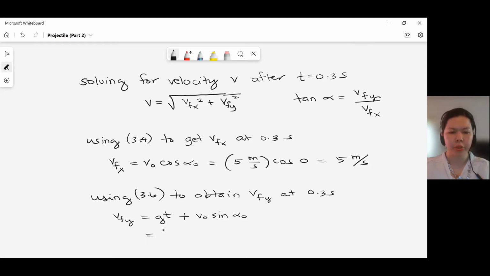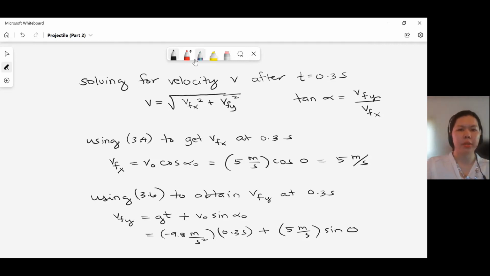We substitute g is negative 9.8 meters per second squared times time 0.3 second plus v naught 5 meters per second sine 0.